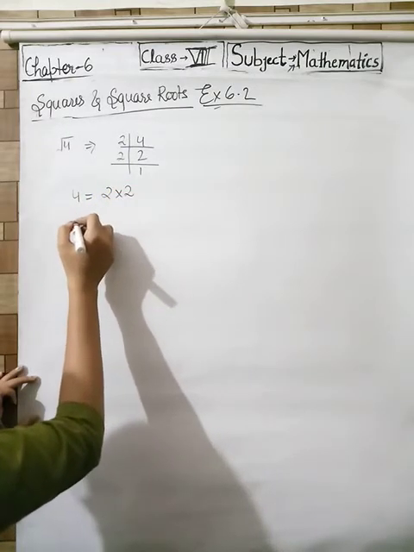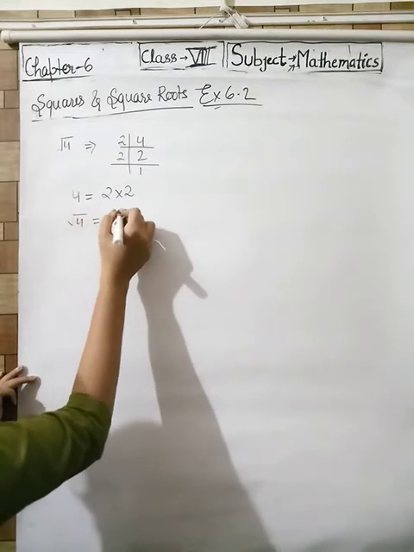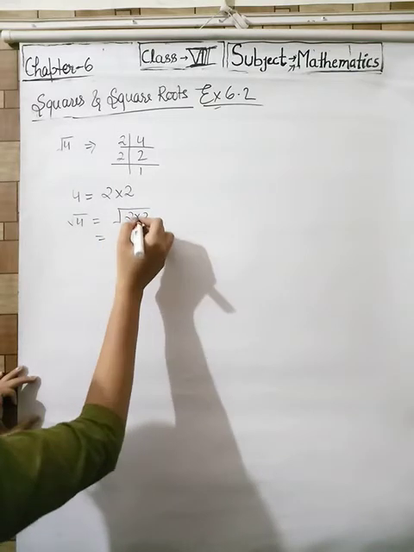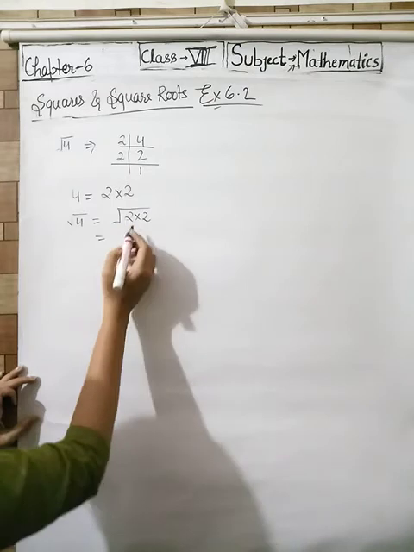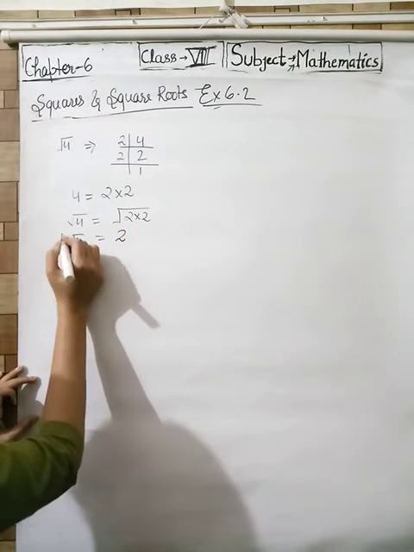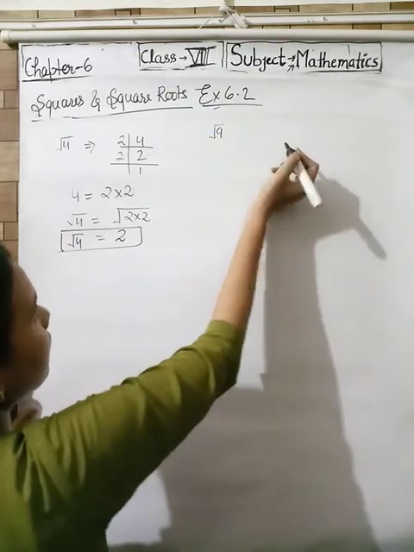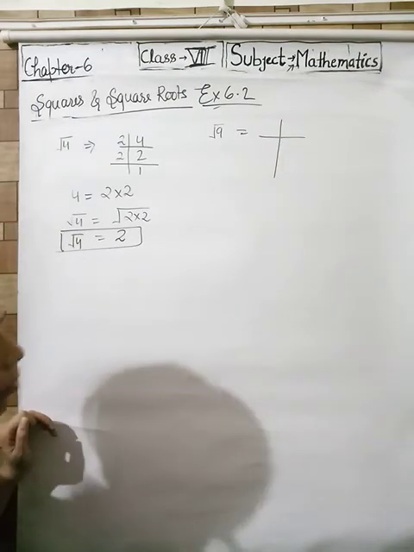Okay, so under root 4 will be equal to under root 2 into 2, will be equal to, if 2 is in a pair, removing the root, it will be only 2. Under root 4 is equal to 2. Suppose we are willing to find under root 9. Let's do prime factorization of 9.